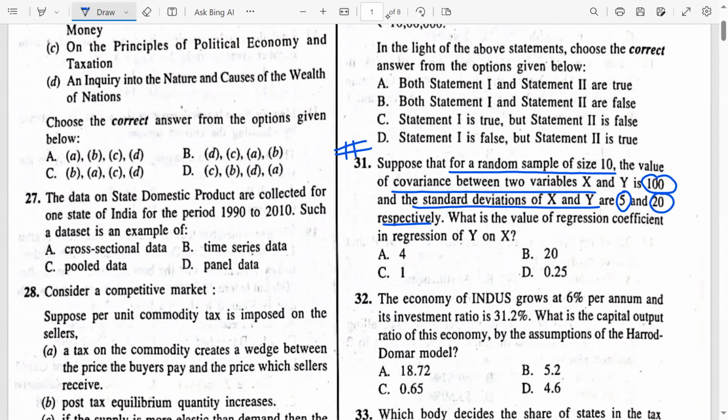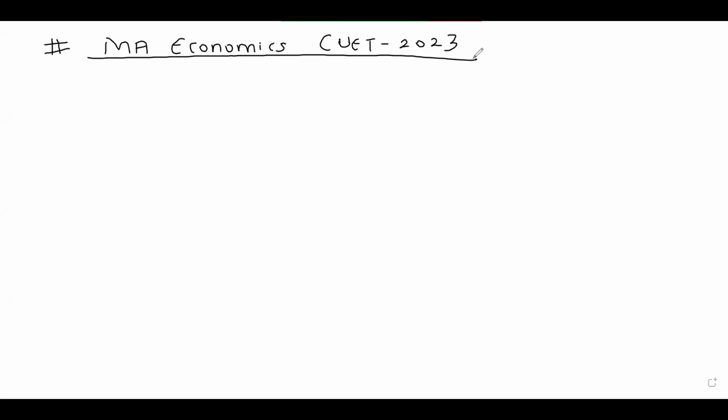First of all, I'm just writing the main heading for completeness. This is MA Economics, CUET 2023 paper, which we are taking up for discussion. And in this lecture, we look at problem number 31. So first of all, what is the regression of y on x?